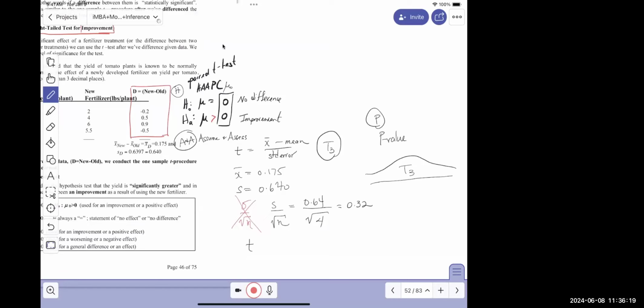So the T statistic or the test statistic is equal to X bar, which is 0.175, minus the mean, which is, remember, it's over here, 0, which is weird, but that's what it is. Feels just funny. That's so easy. And then divided by 0.32. And now you have the test statistic. What do you get?